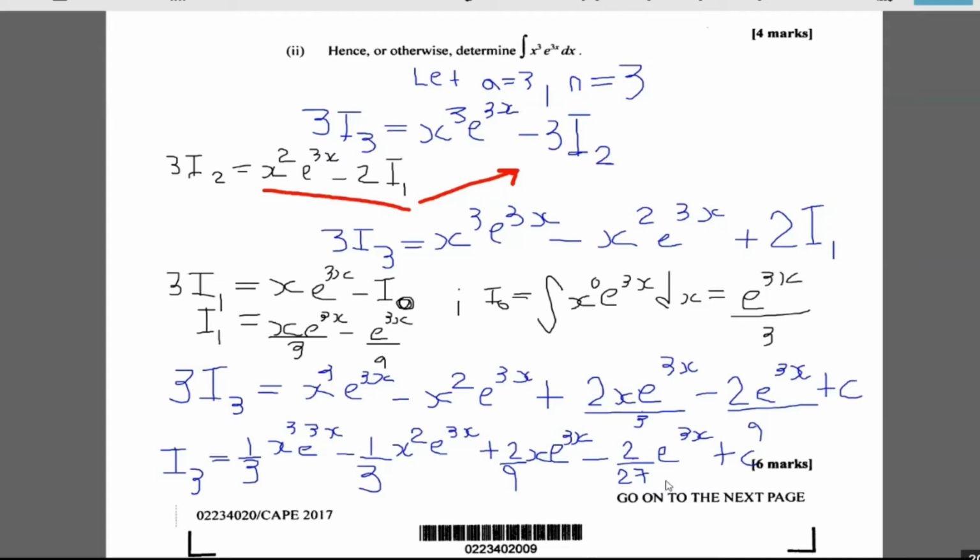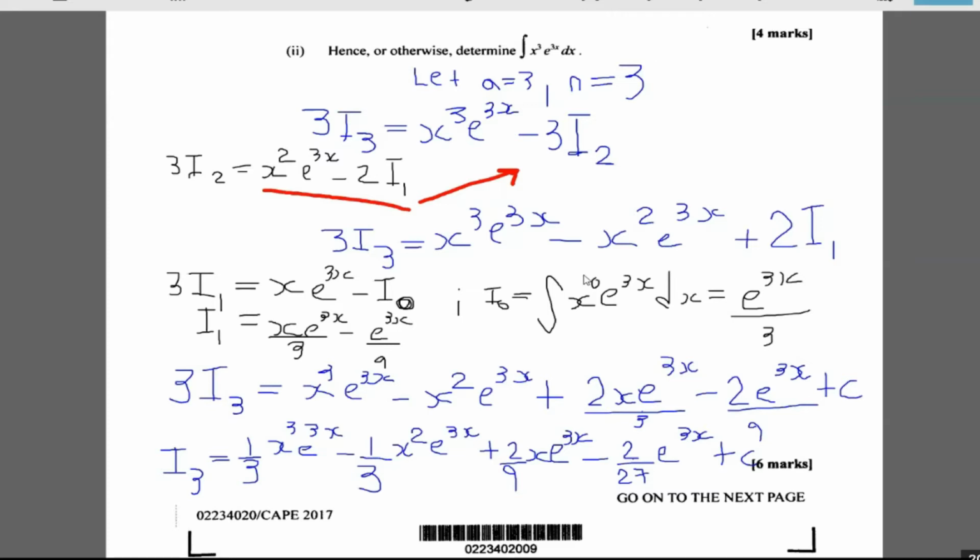Factoring out 1 over 27, we leave the 9 here, and we leave the minus 2. If you want your answer to look pretty, then you'll have the x cubed, minus the x squared plus the x. It will look pretty if you factor out 1 over 27 e to the 3x. But I'm not about that pretty stuff right now, so we leave it right here.